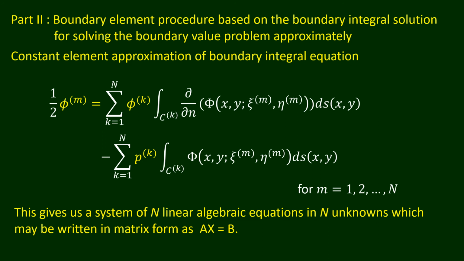The system can be solved for either phi k or pk, whichever is not given by the boundary conditions, for k equals 1, 2, and so on until n. For details on programming the linear algebraic equations, one may refer to the book, A Beginner's Course in Boundary Element Methods.